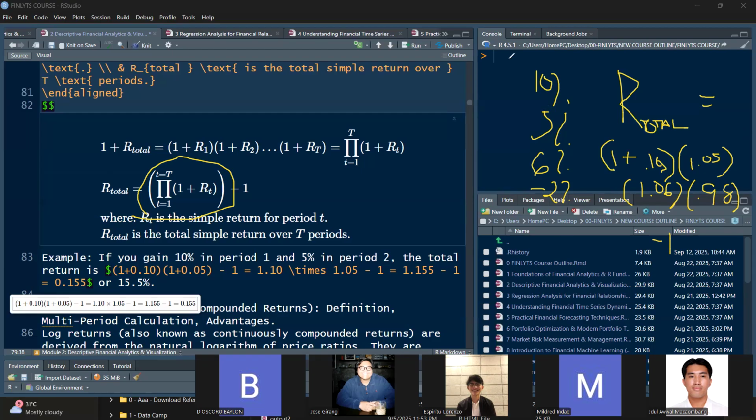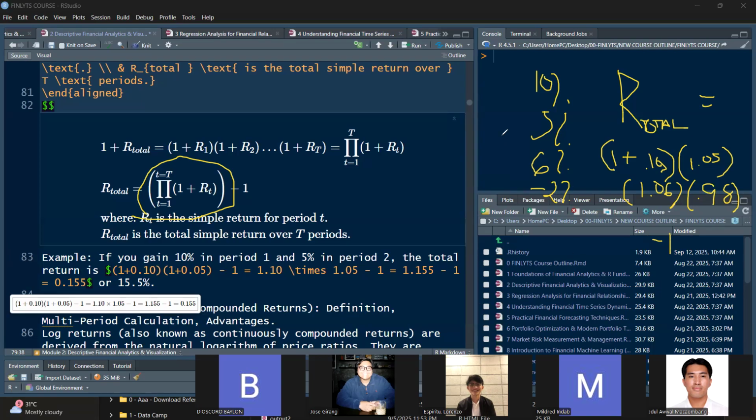Okay, can you try in R, class? What's the answer? What's the total return for this multi-period? Anyone? Of course, class, this is 0.98 because 1 plus negative 2%, right?